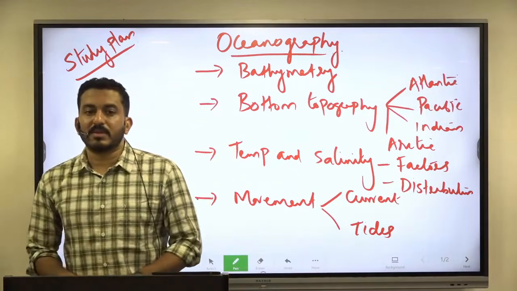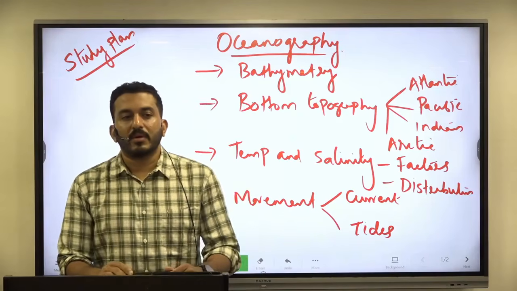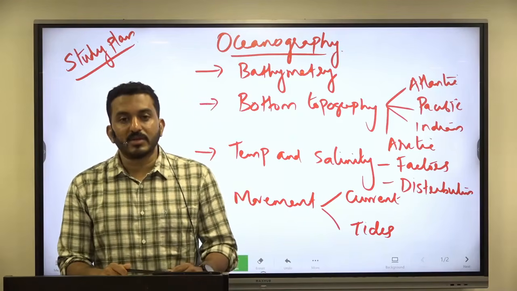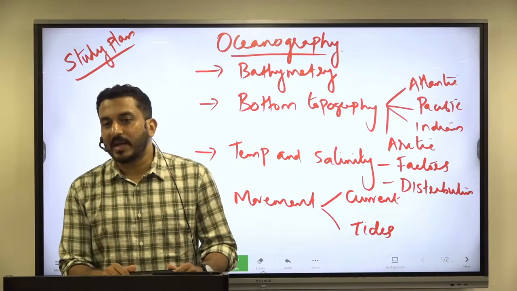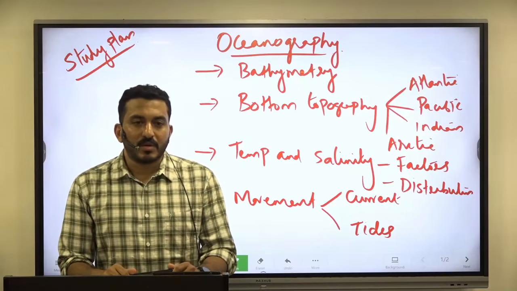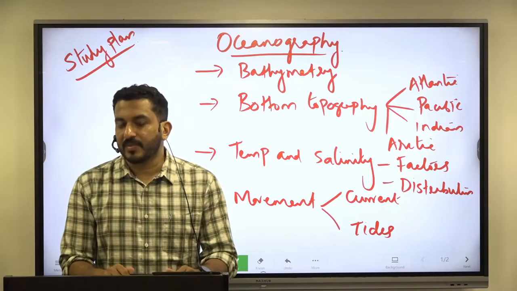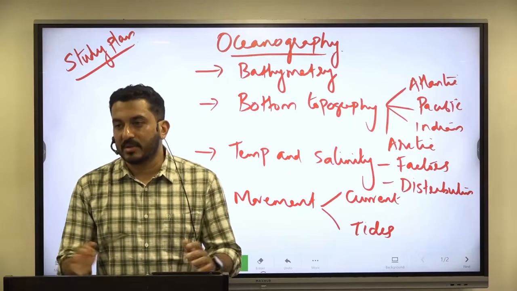Bathymetry. Bathymetry means, see, if you look around you, the important physical features you see are mountains, plateaus, plains, valleys, deltas, etc. That's on the land. Likewise, if you look into oceans, you can see so many features.